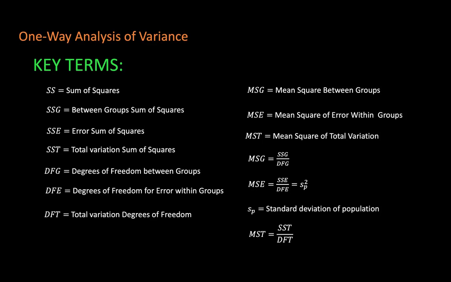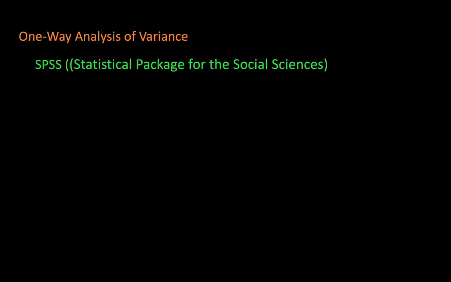MST, the mean square of total variation, is equal to SST over DFT, where SST is the total variation sum of squares and DFT is the total variation degrees of freedom. The F score is equal to MSG over MSE, where MSG is the mean square between groups and MSE is the mean square of error within groups.